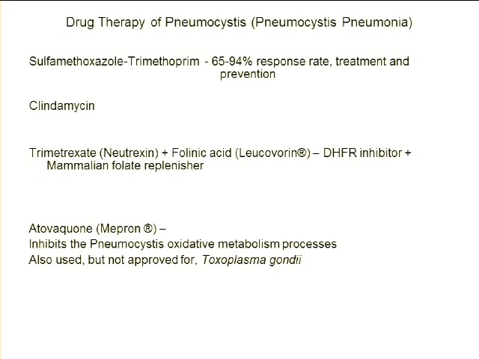I'm going to skip this one for a minute and come down here and then come back up. Atovaquone can be used. This is actually an anti-malarial drug that we'll talk about in a minute. It's going to inhibit oxidative metabolism processes, and in doing so, the fungal parasite can't generate ATP, and it will die.